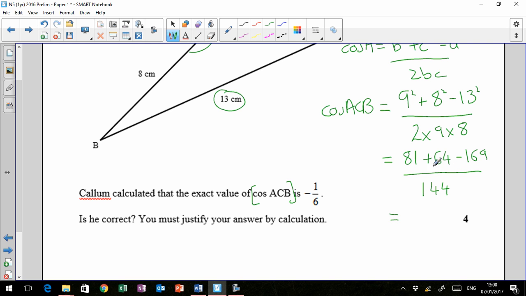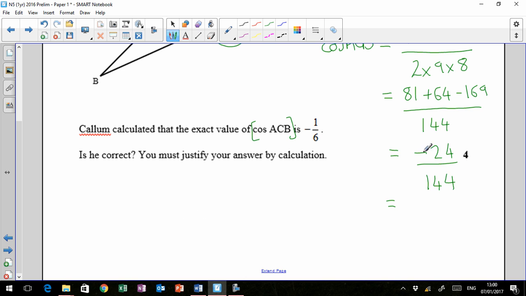Okay, so 81 add 64, that's 145. Take away 169 is negative 24 over 144.